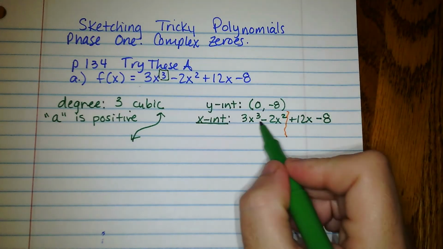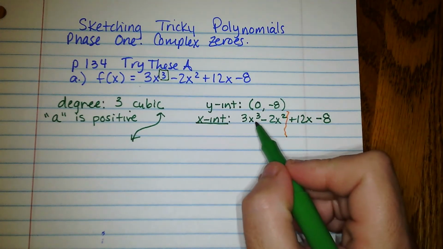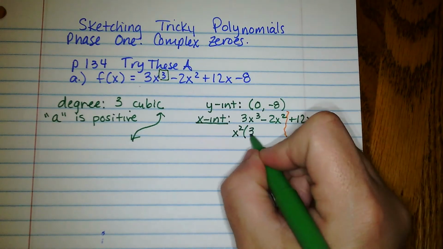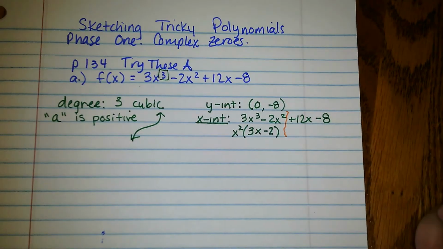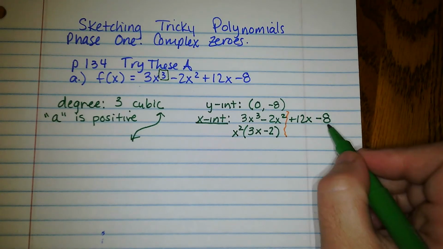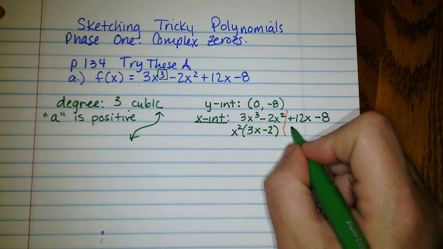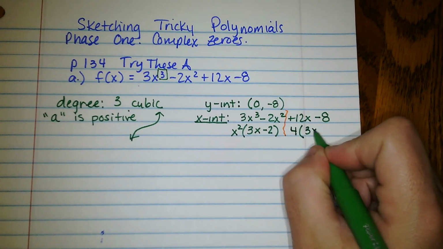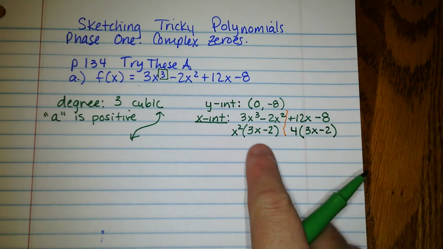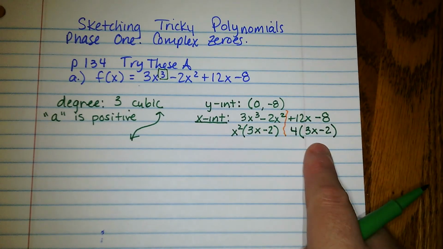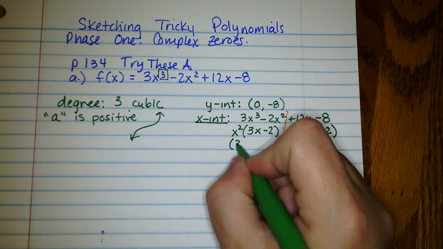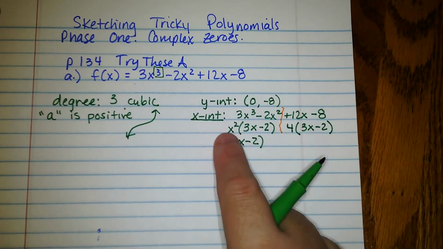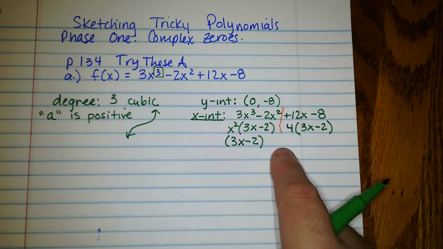The GCF of the left is x squared, and you'll get 3x minus 2 left. On the right side, the common factor is a positive 4. And when you divide the 4 through, you get 3x minus 2. So I know I'm on the right track because these are common, and that is our first factor. And then we take our GCFs and put them together to make our second factor.